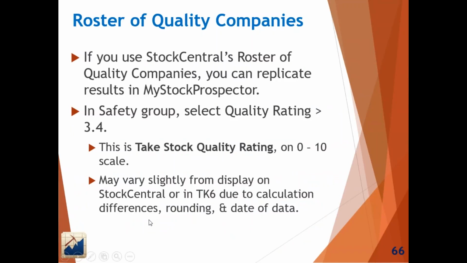Now, it may differ from the company list on My Stock Prospector, Stock Central, between the two tools because of calculation differences and some rounding and the date of data, depending on where you are. But the basics of the companies that pass that minimum quality rating are going to be working out for you.